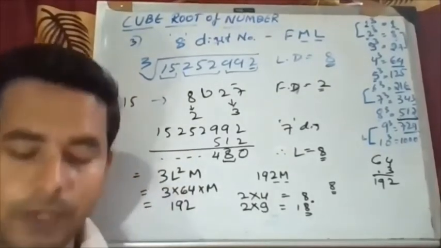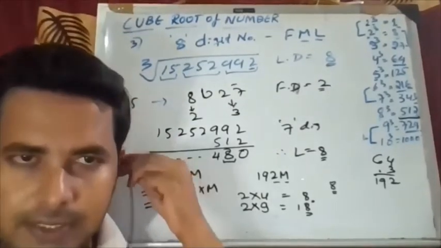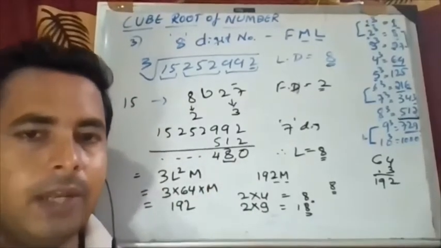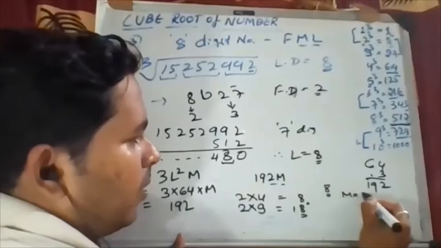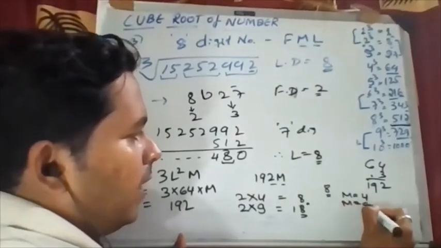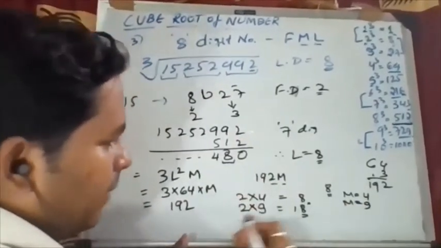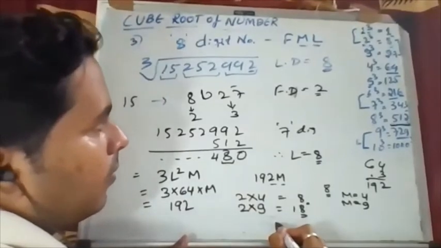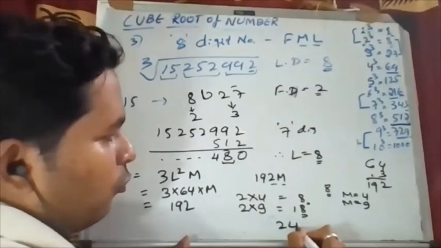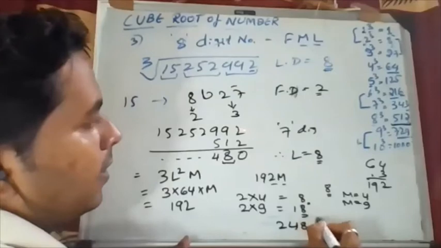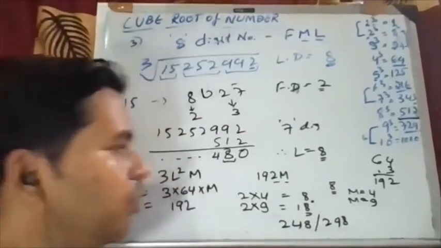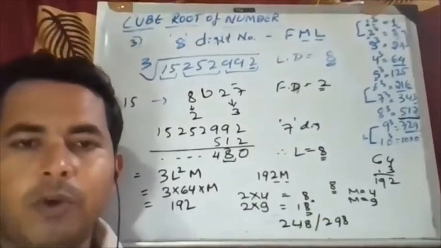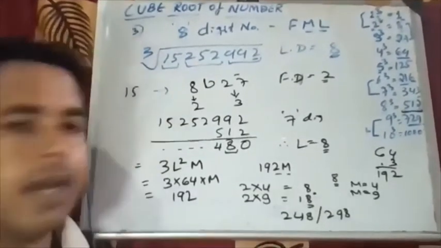So here we got two possibilities. Either my m value will be 4 or m value will be 9. So my answer will be either 2 4 8 आएगा, नहीं तो 2 9 8 आएगा. So my answer lies between 248 or 298.